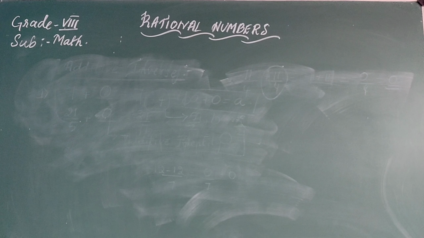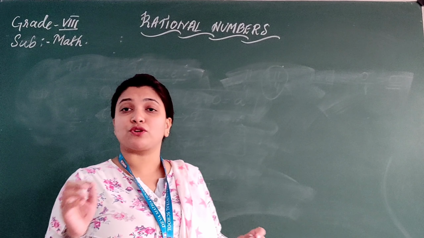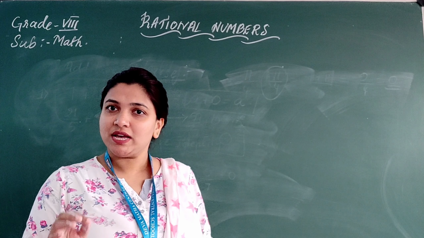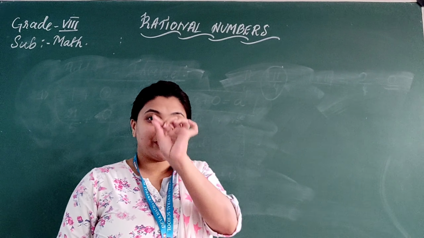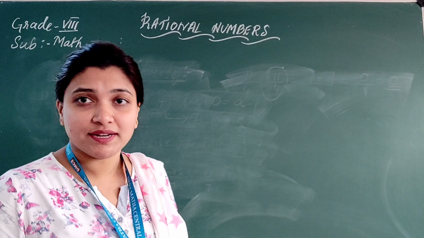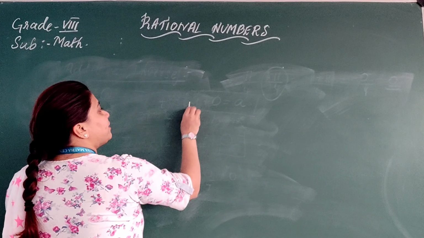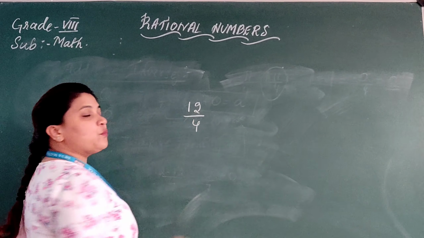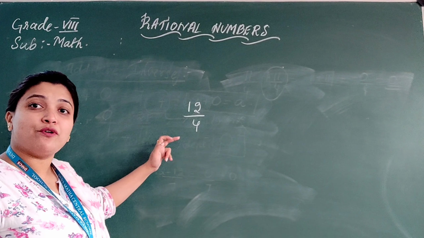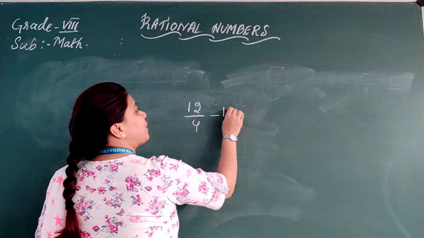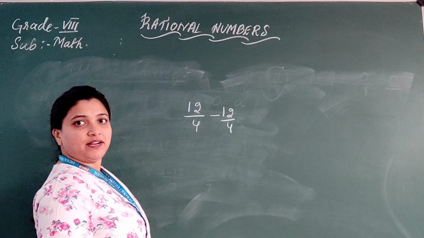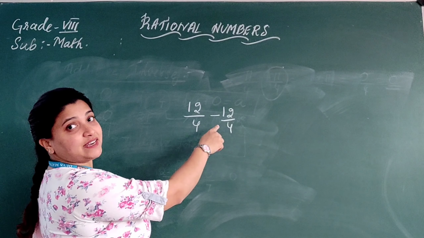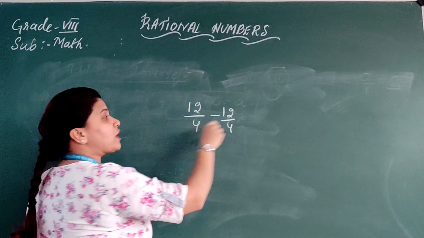Clear? Remember, children, additive inverse is also called the negative of a number. Negative, that means subtraction, the negative of a number. Now, if I have a number 12 by 4, what is the additive inverse of 12 by 4? It is nothing but minus 12 by 4. Got it? Minus 12 by 4 is the additive inverse of 12 by 4. Why?